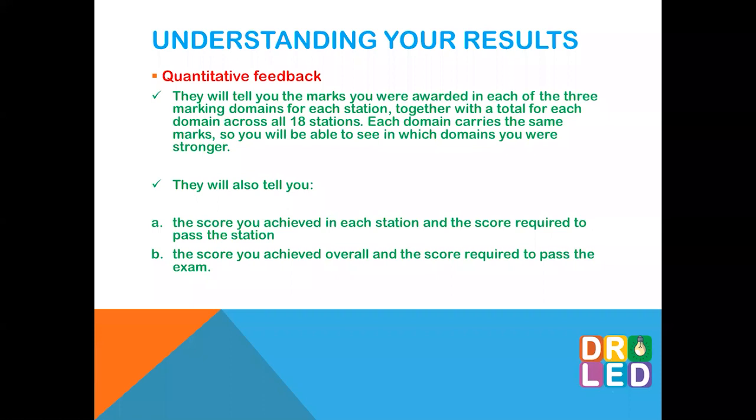As we've mentioned earlier, the 3 domains are data gathering, interpersonal skills, and management, together with a total for each domain across all 18 stations. Each domain carries the same marks, so you will be able to see in which of the 3 domains you are stronger.